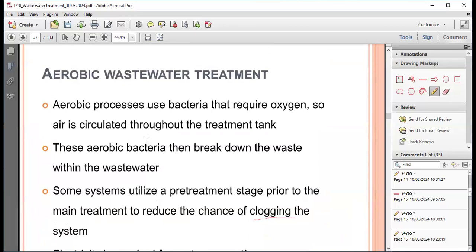What is the example? Some of the gases in the effluent, H2S, CH4, CO2. Is this gas aerobic or anaerobic?